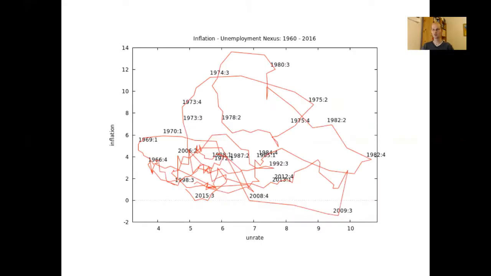Here, just for completing the picture, is the Phillips curve relationship, how it evolved from the 1950s till 2015, and you can see that the movements were very often somewhere here in this area with relatively modest inflation and many different unemployment rates.